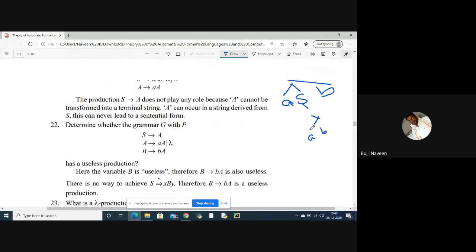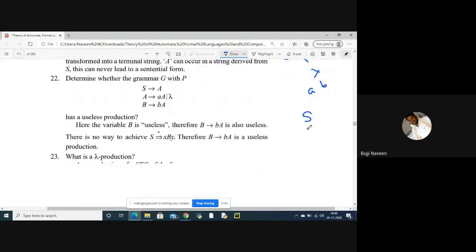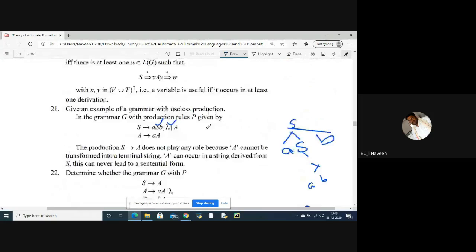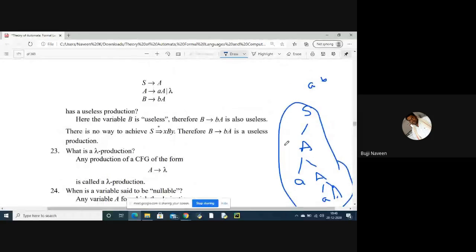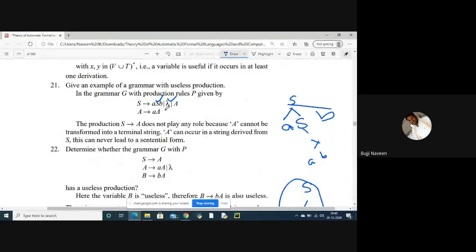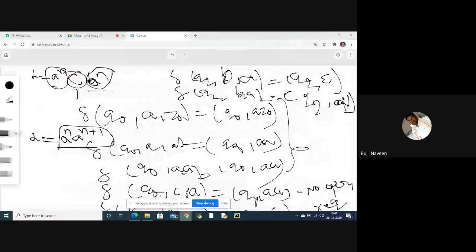If I take S tends to capital A production, and in A I have small a, capital A, and for A I have again small a and capital A, there is no ending for capital A. Here in this grammar, there is no ending for capital A. So the productions which contain capital A are useless. So the useful grammar is S tends to ASB or epsilon.